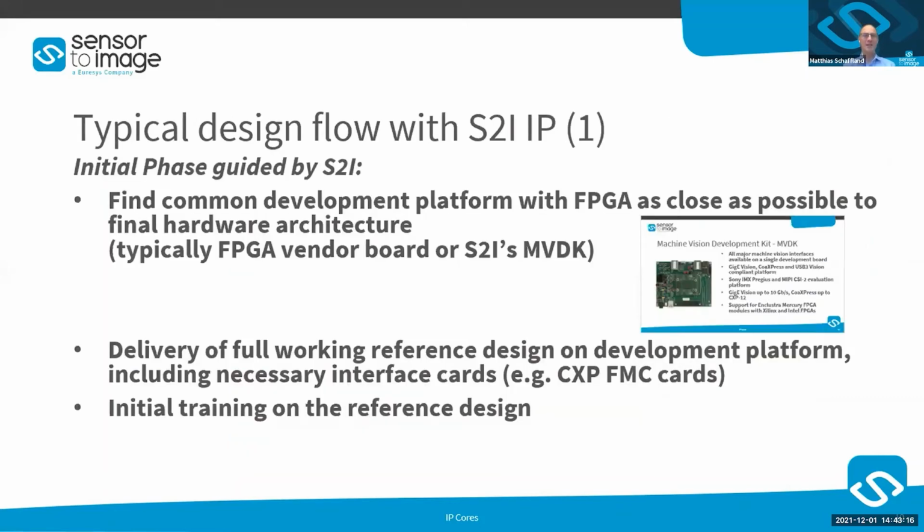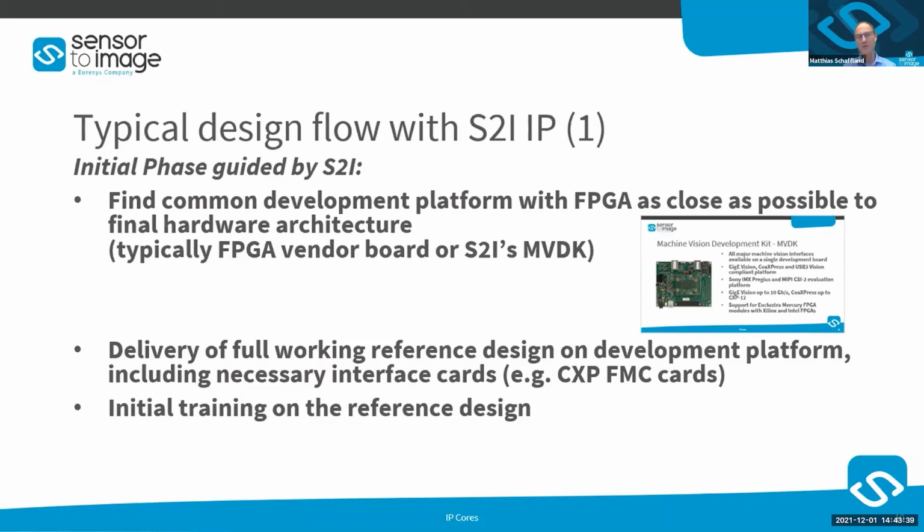How the typical design flow works with the Sensor to Image IP core: we have different phases. The initial phase is guided by us, and here we have to find a common development platform with an FPGA as close as possible to your final hardware architecture.